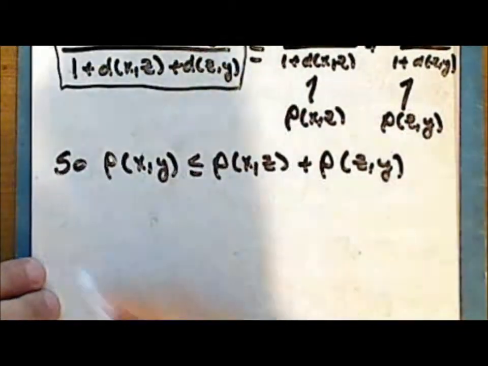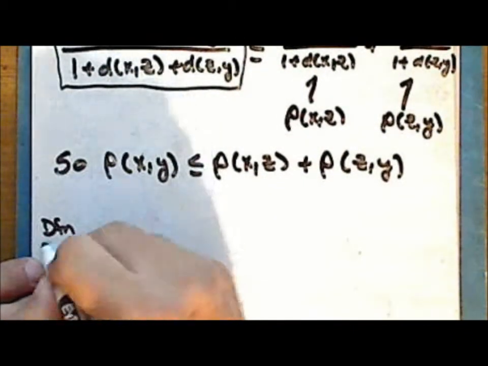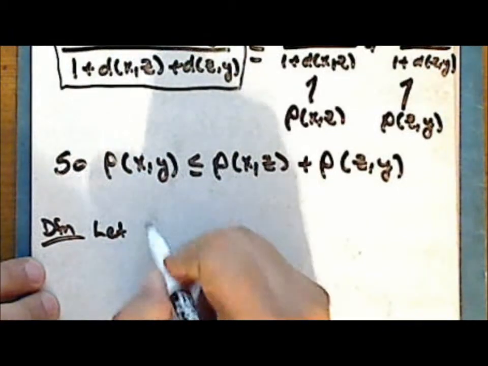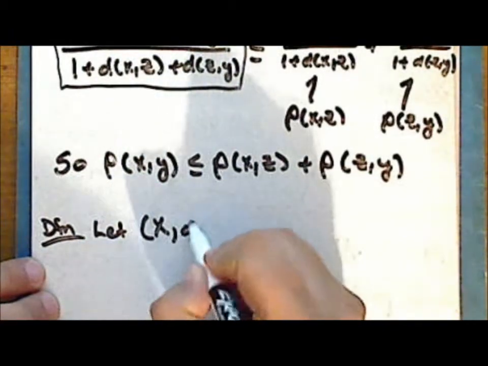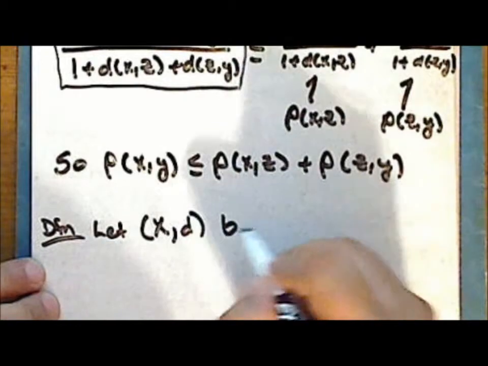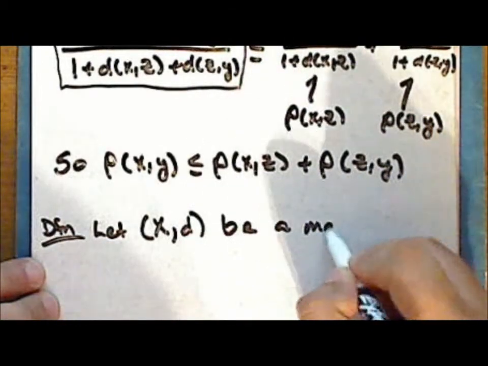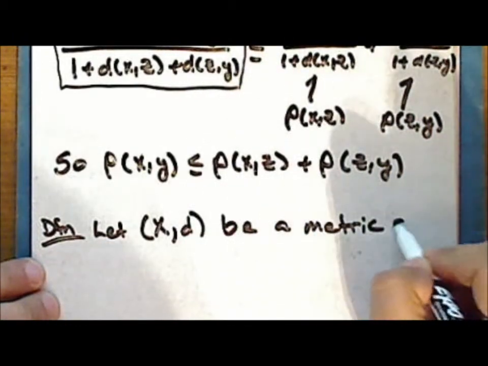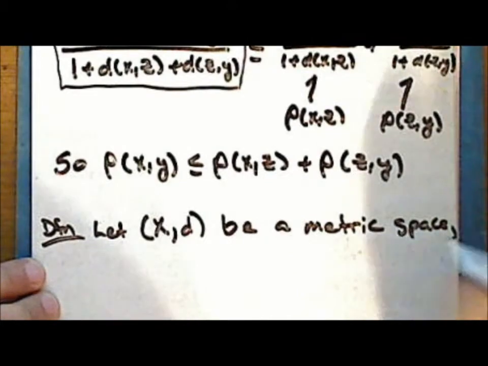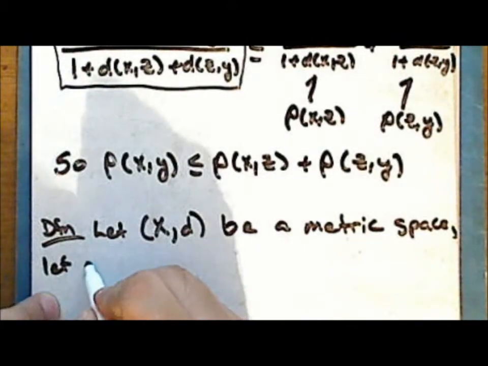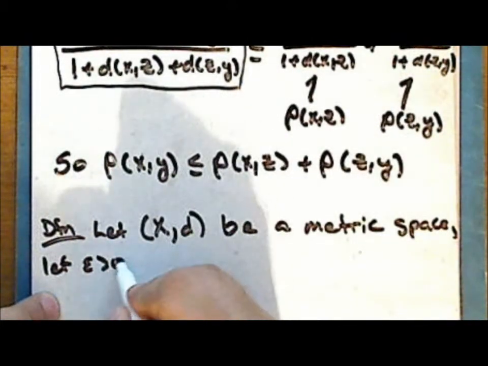Okay, so new definition. Let the set X together with some metric D be a metric space. Let the number epsilon be a positive number.